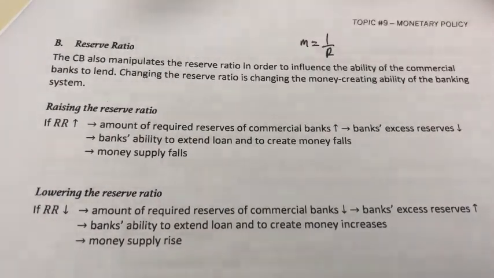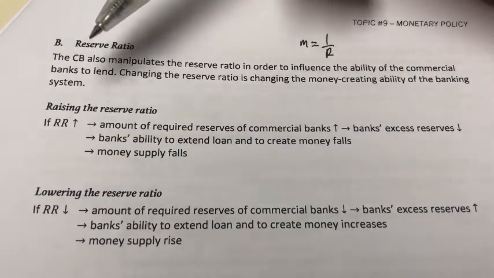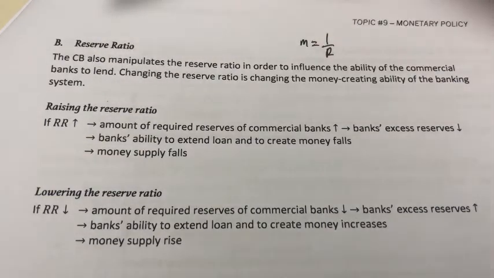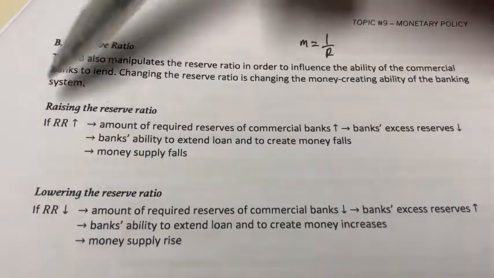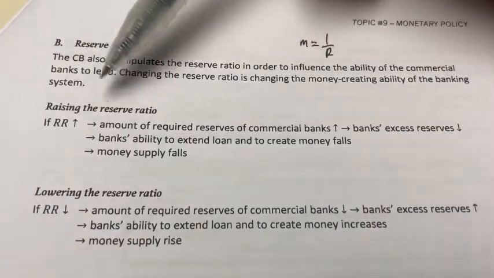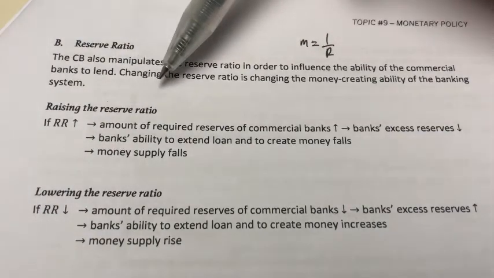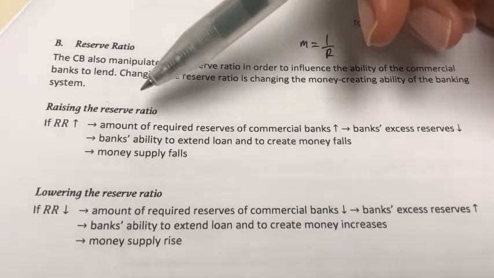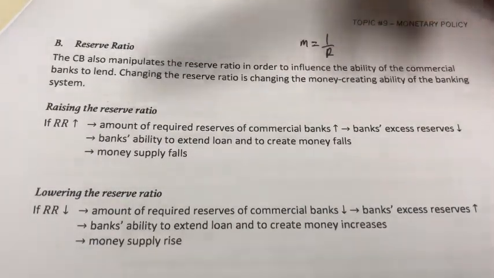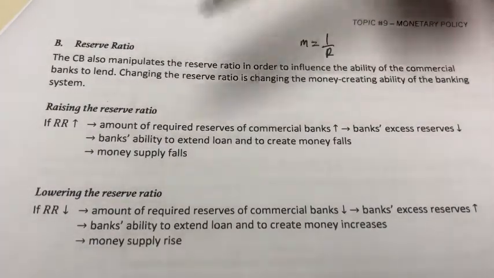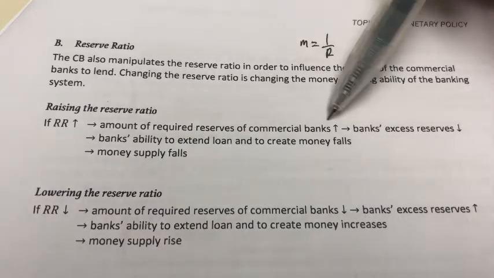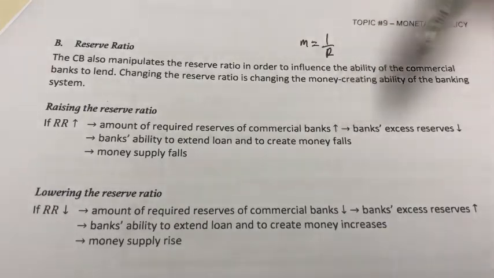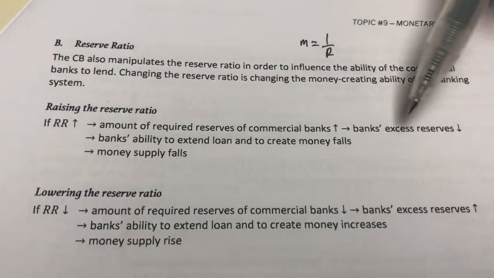Say the central bank wants to reduce money supply for whatever reason. What the central bank would need to do is to raise the reserve ratio. Because when the reserve ratio is increased, the amount of required reserves that commercial banks have to keep with the central bank also increases, and therefore will reduce the amount of excess reserves.